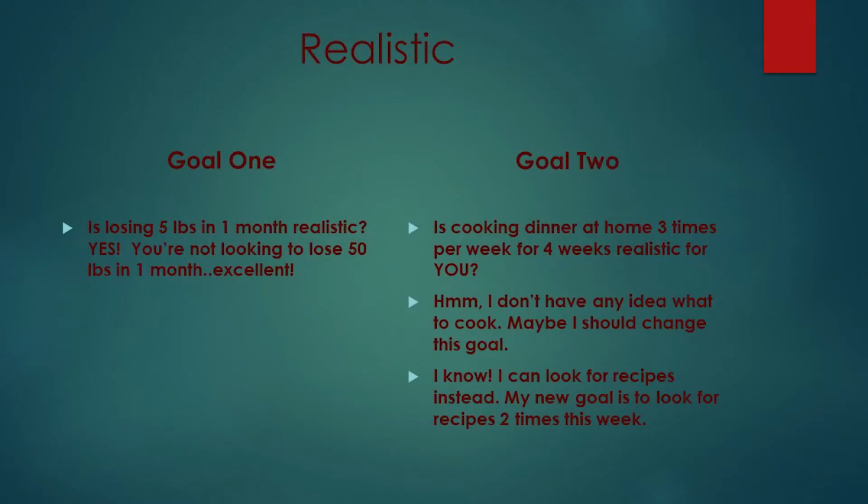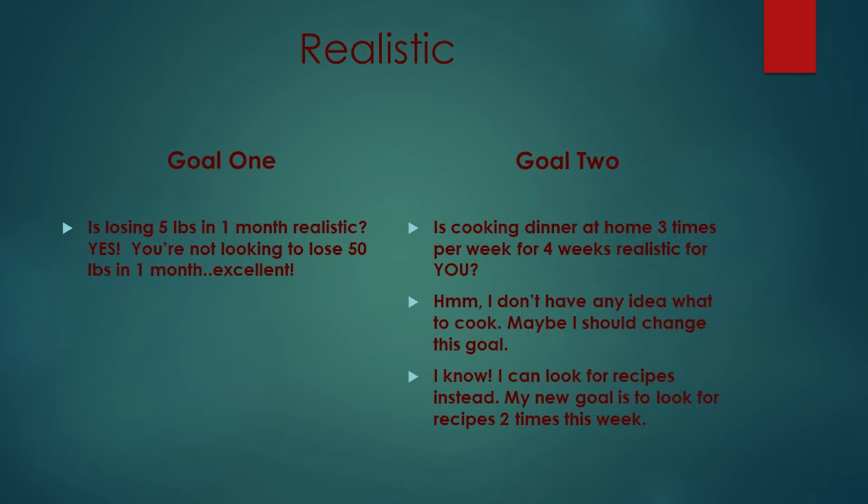So we're going back to the 2 goals we started with. You want to lose 5 pounds in 1 month. Is that realistic? Again, yes, because this is not that 50 pounds in 2 weeks. Okay. Goal number 2, you want to cook dinner at home 3 nights a week for 4 weeks. And you think to yourself, wow, I really don't even know what to cook, because I don't really look at cookbooks very much.